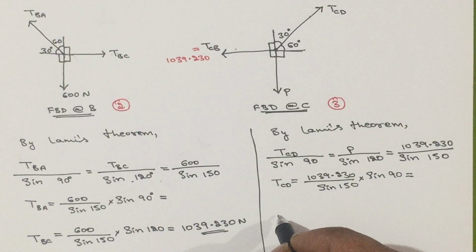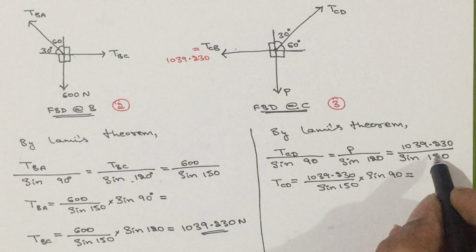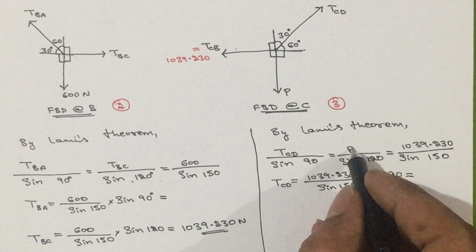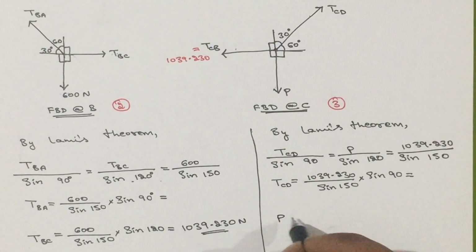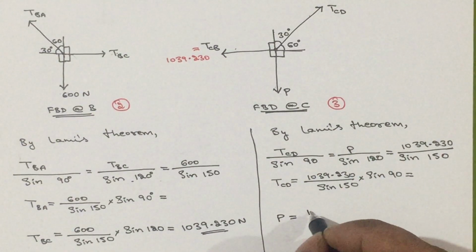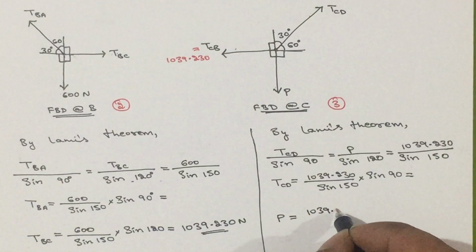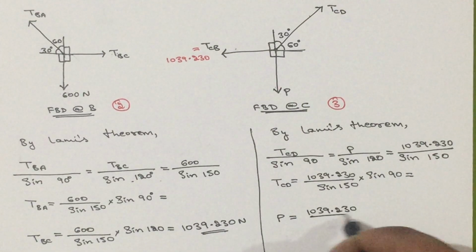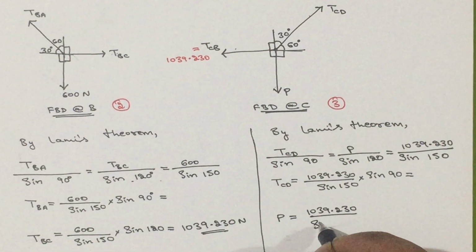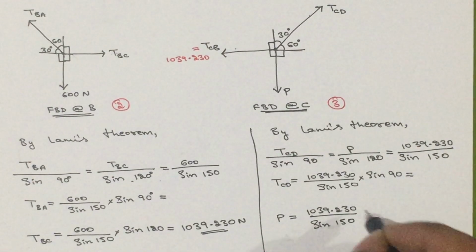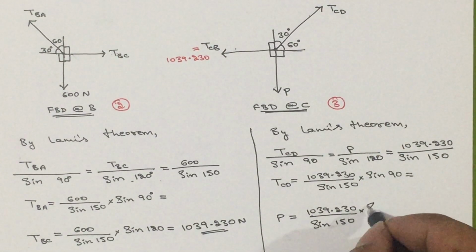Then for the next equation, select the second part and the last part, the unknown is only P. So, P is given by 1039.230 divided by sine of 150 multiplied by sine of 120.